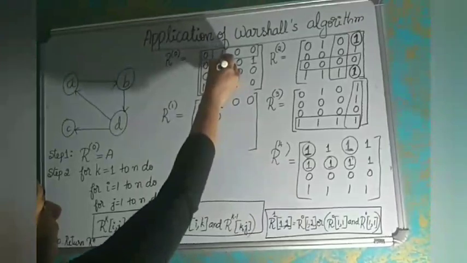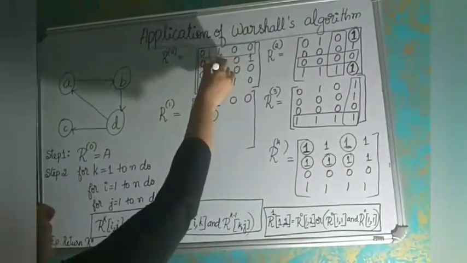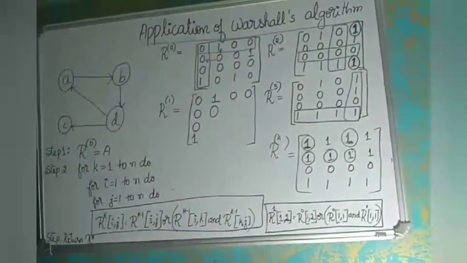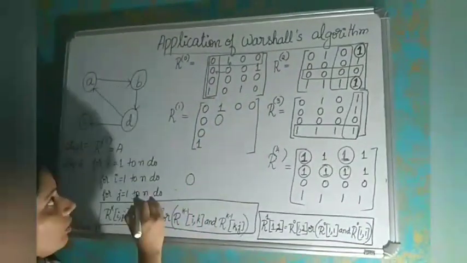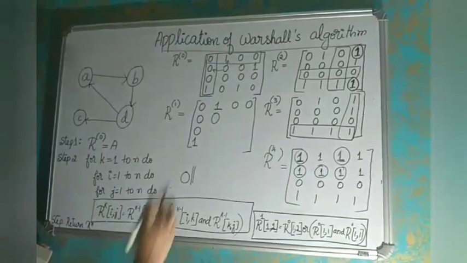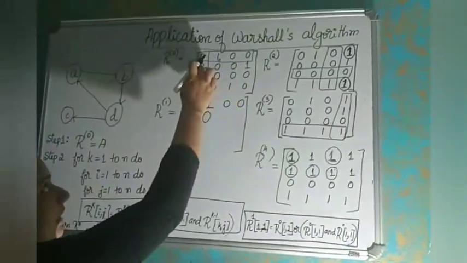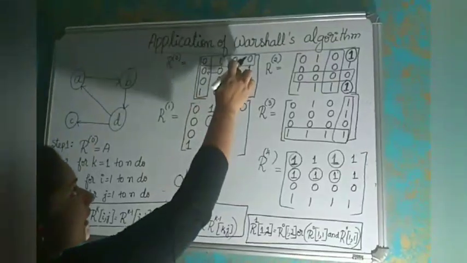So what we did is we used these values, this and this. Similarly for the next entry, I write 0 as it is, and then the operation is OR. In the same row, inside the box, we have 0, and in the same column, inside the box, we have 0.